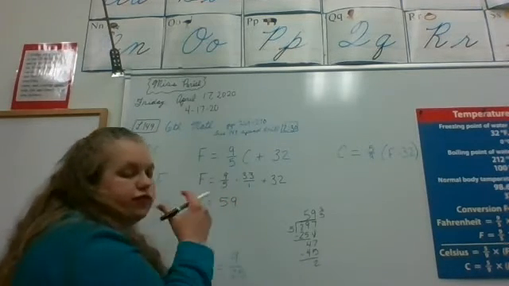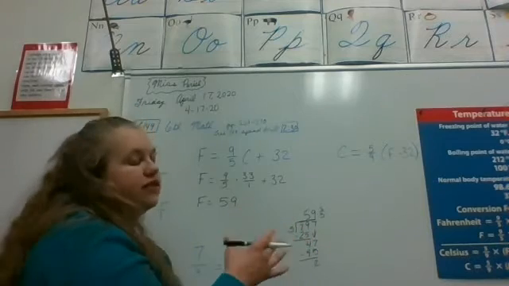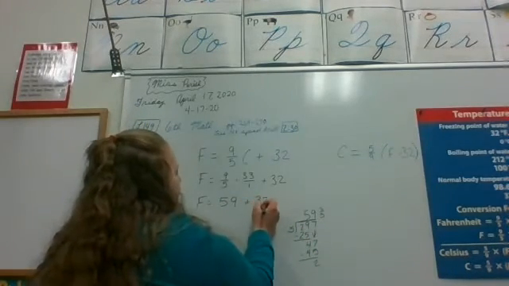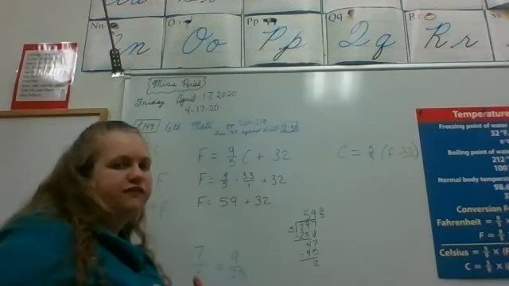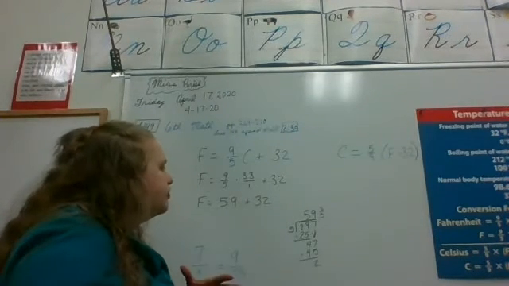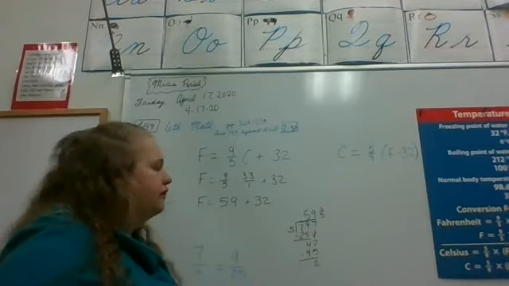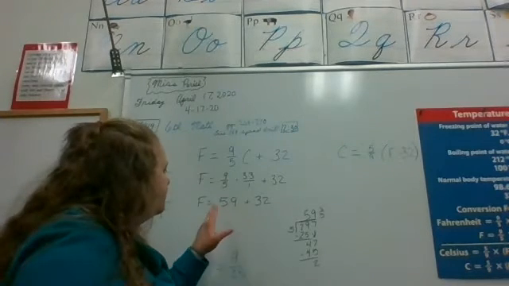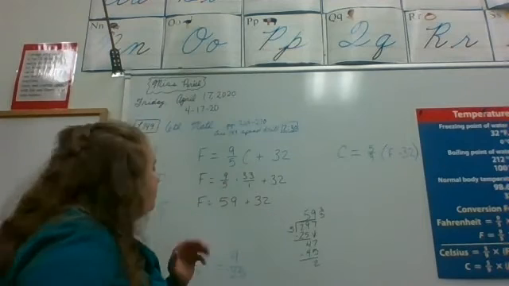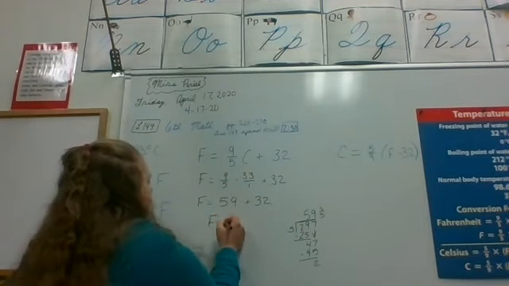We're gonna use this rounding because we wanna just get the closest degree. It doesn't have to be exact. This isn't for like a chemistry experiment or something. So we just need to know the closest degree. Okay, so this time it would be 59, and then we add our 32 to get what Fahrenheit.